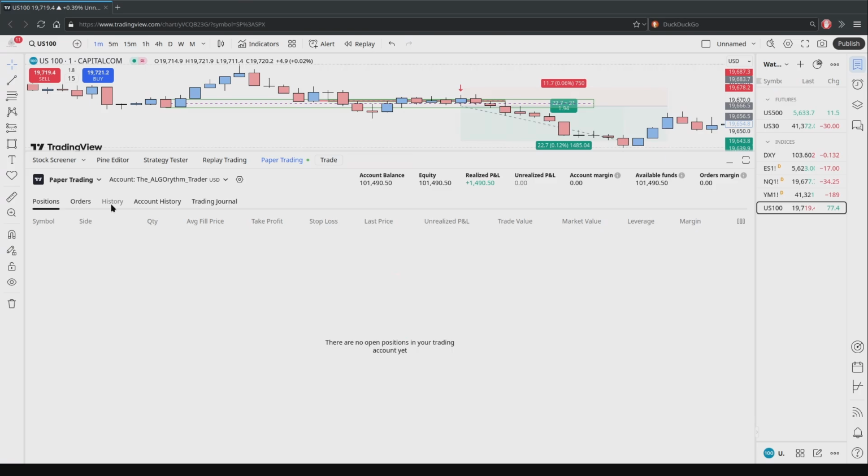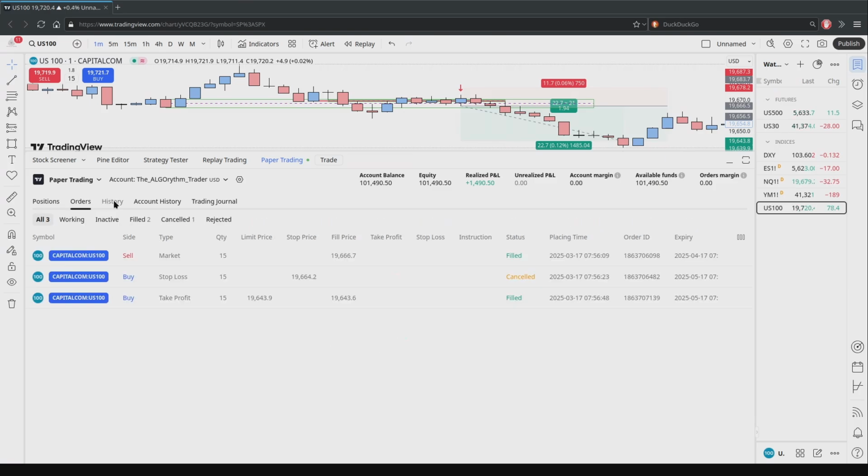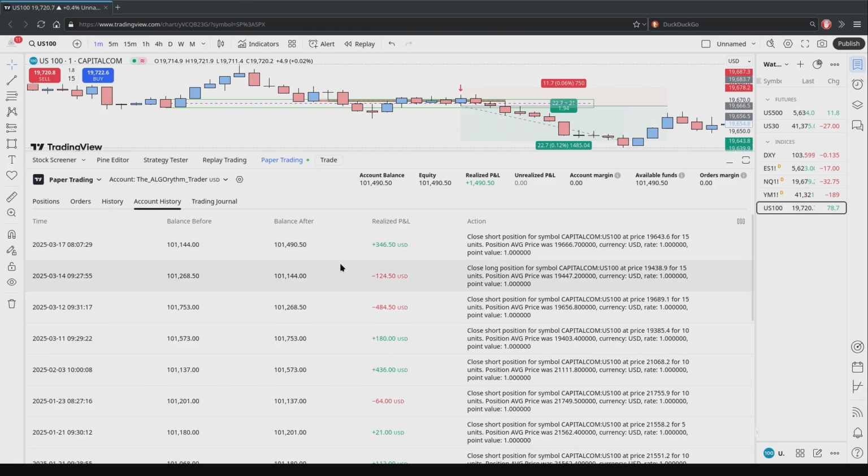Positions. Yeah, got nothing open right now. History, whatever. There it is. 364. So, yeah, took a loss, took it home for the weekend, and I ended up taking this one shortly after I posted that video.